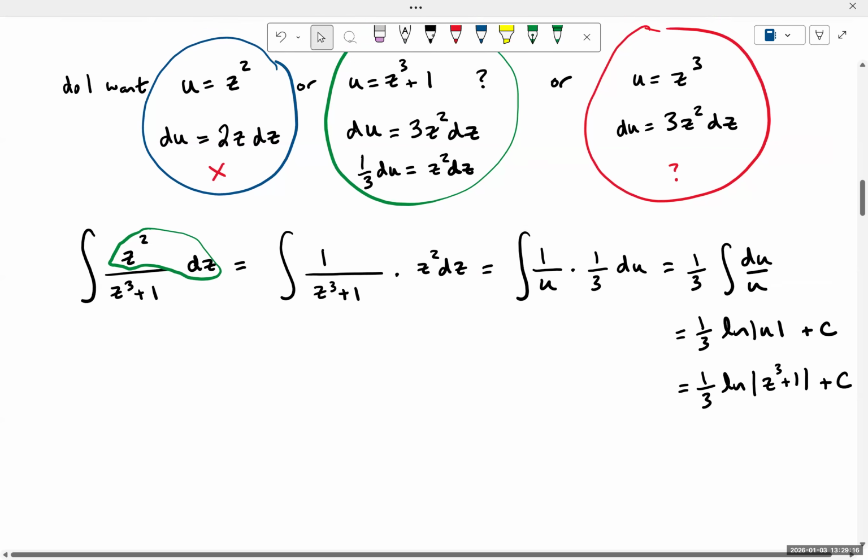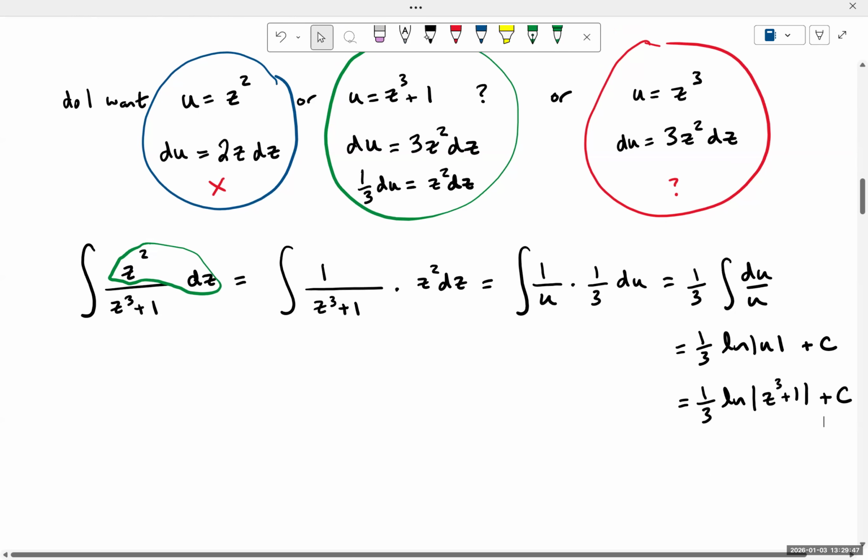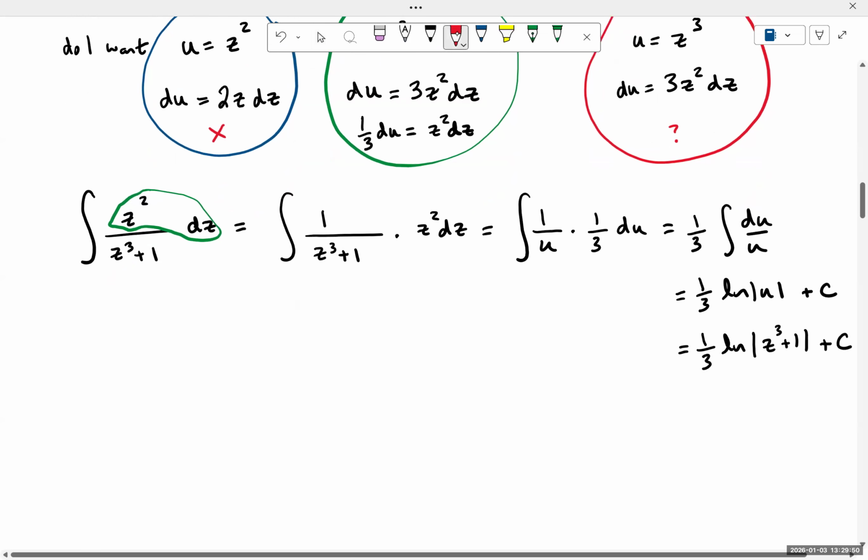So that's probably the best way of doing it because on our table, we have natural log of absolute value of x. We have du over x goes to natural log of absolute value of x. If I make this substitution here with the one I circled in red, let's just do it in red.